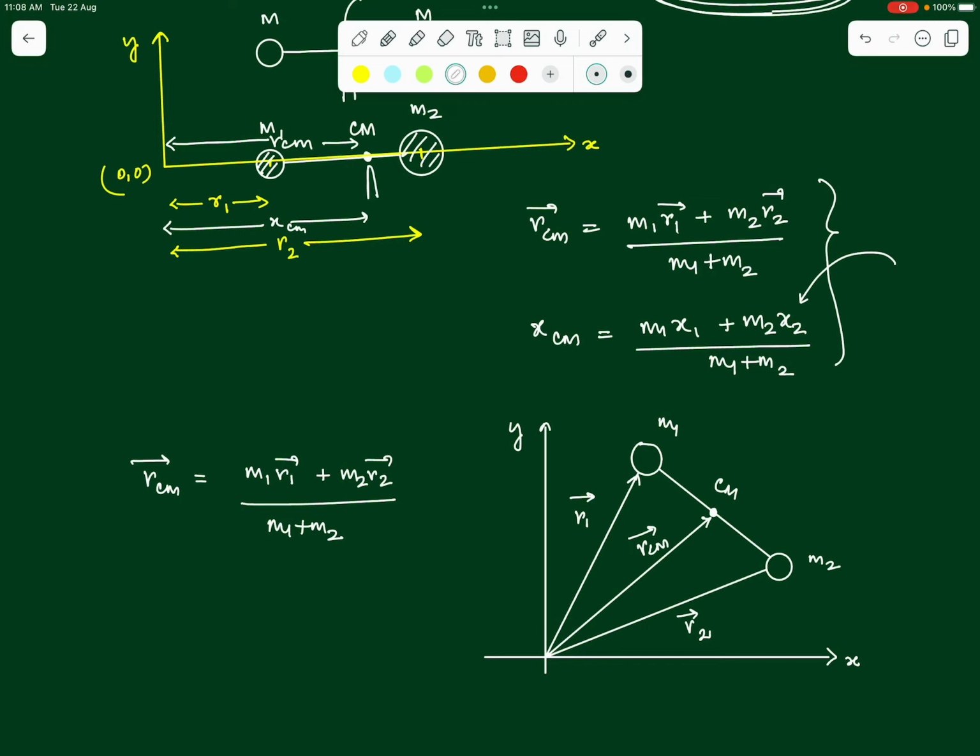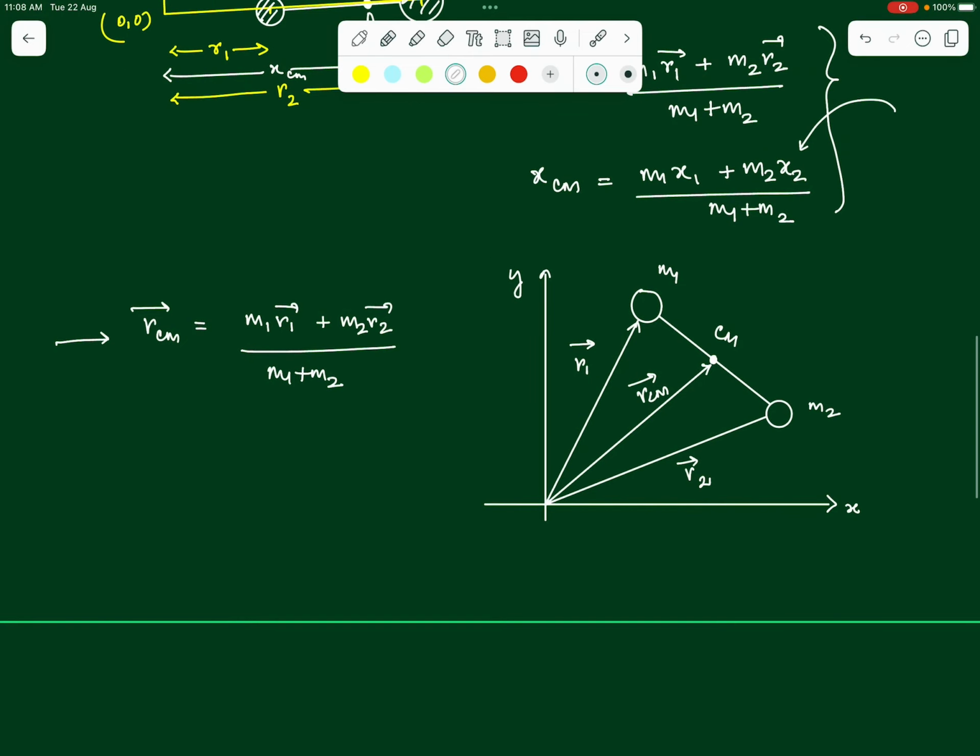In fact, this relation can be extended to more particle systems also. Right now, we have just considered two masses. In case we have a three particle system, the R_CM will then become (m1 r1 + m2 r2 + m3 r3) over (m1 + m2 + m3).